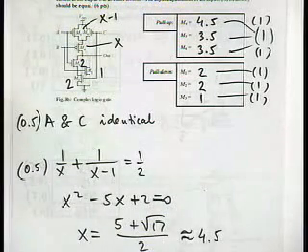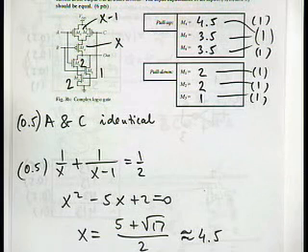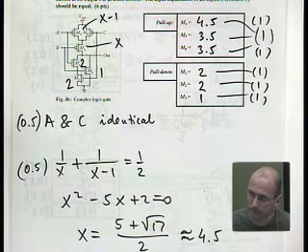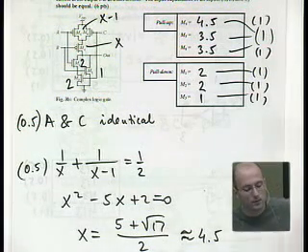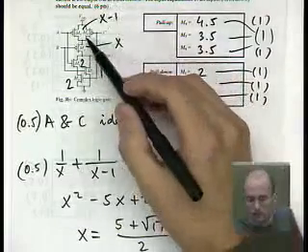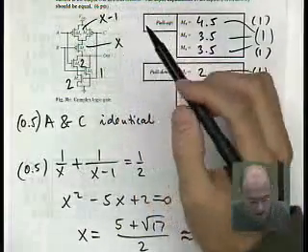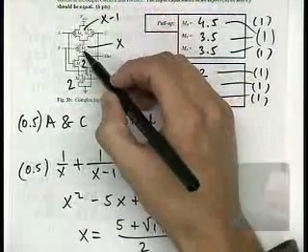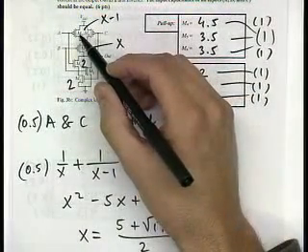Question: why can't you size the pull-up network first, and then choose the X value for the pull-down network, and use the equation to solve for the size of the pull-down network? Okay, that's a good question. How do you size the pull-up network? If you say this is equal to 2, then this is also equal to 2.